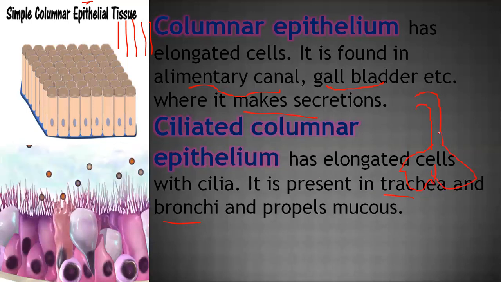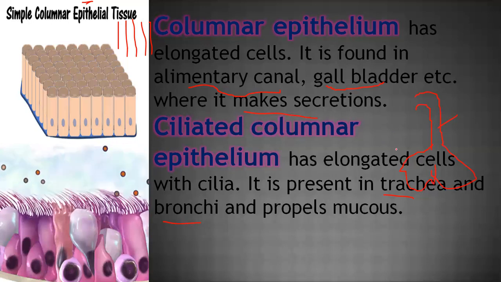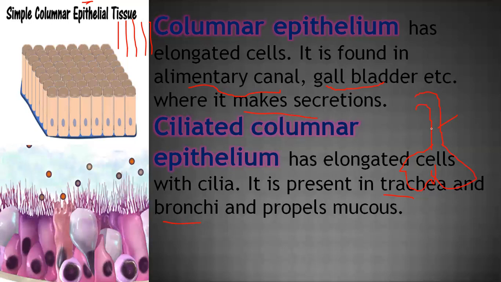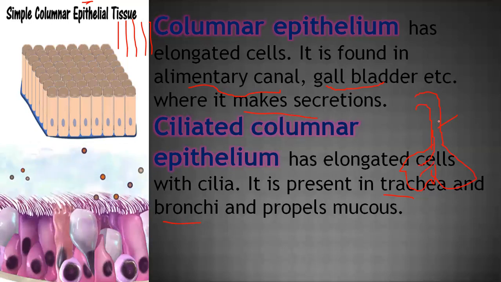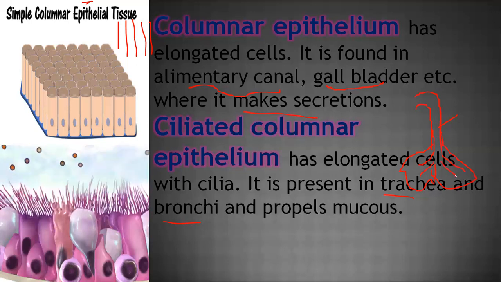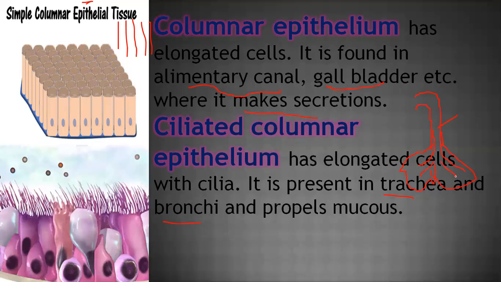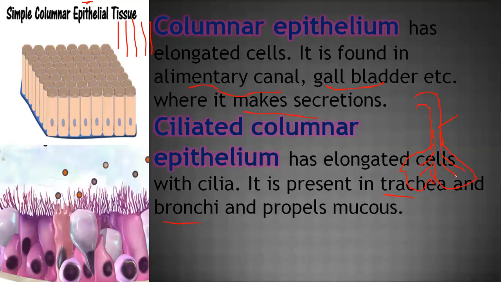The trachea is divided into tubes going into the lungs, and these tubes are called bronchi. These ciliated columnar epithelium cells are present over there.